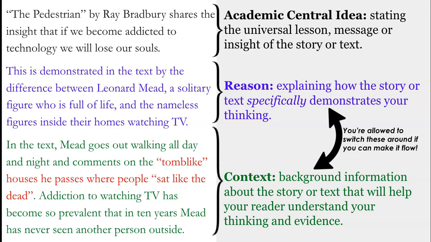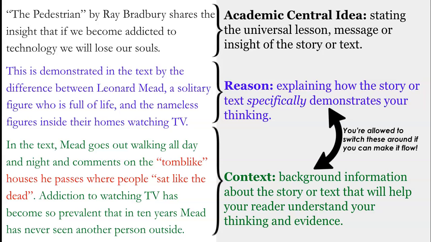This is demonstrated in the text by the difference between Leonard Mead, a solitary figure who is full of life, and the nameless figures inside their homes watching TV. So I'm really explaining here how my central idea is shown in the text.